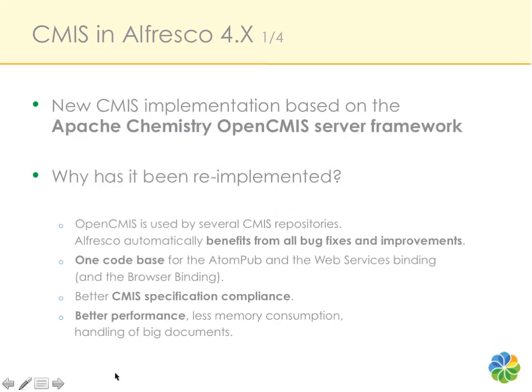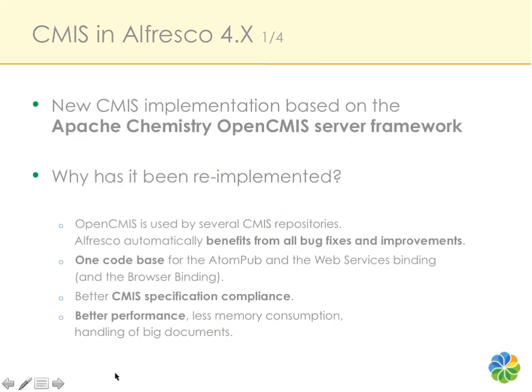The next one is Alfresco 4, so we are going to change a lot of stuff under the hood. We have implemented the CMIS server implementation from scratch, this time using the Apache Chemistry OpenCMIS framework. So why are we doing that?